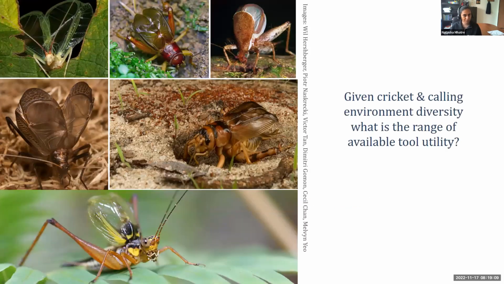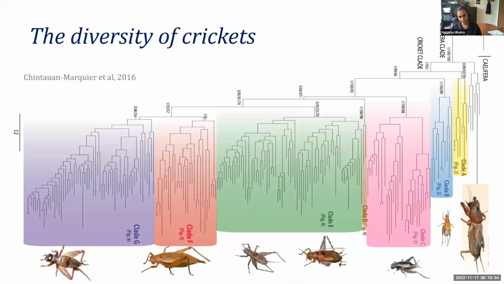But again, now you have to deal with the fact that cricket wings are not simple circular pistons. You have to deal with the fact that they call from weird things like from the ground or from the vegetation or from leaves. And, given all of this complexity, what is really the utility, or what are the efficiency gains you can get from baffles?